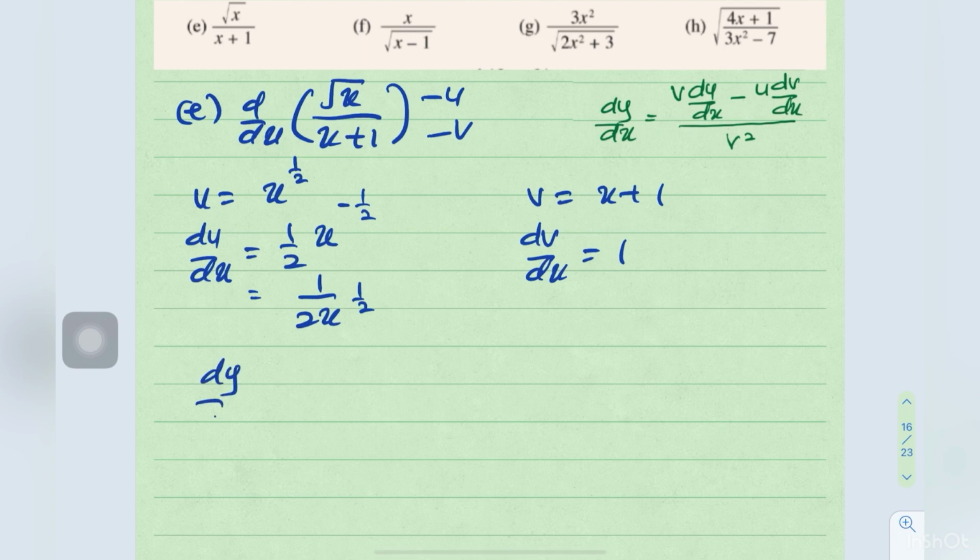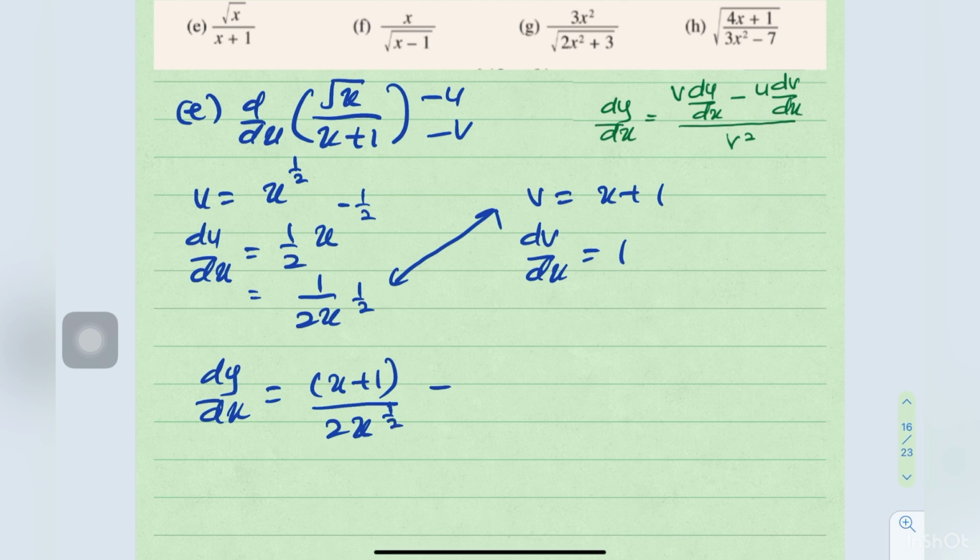Okay, so dy/dx is v du/dx. So here (x plus 1) over 2 x to the power of 1/2 minus u dv/dx. Okay, so x to the power of 1/2 times 1.